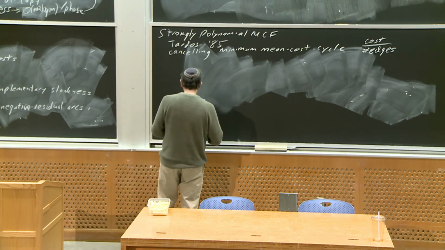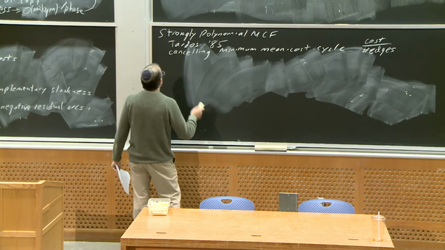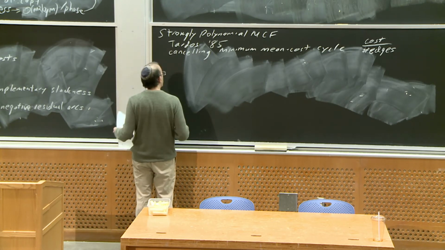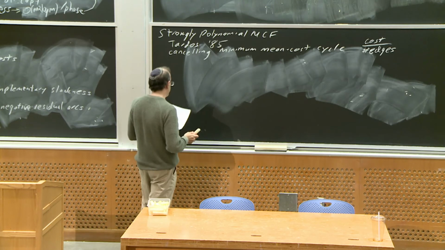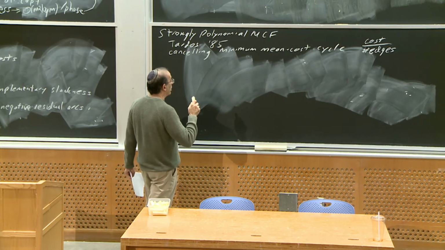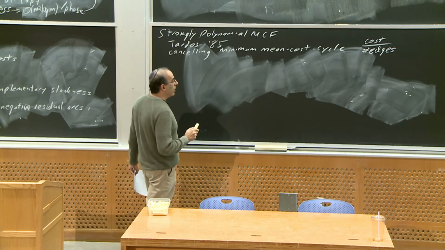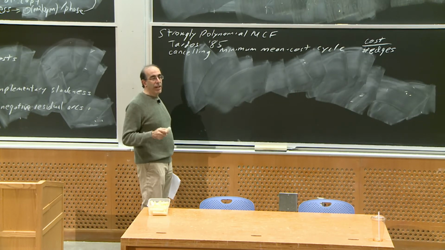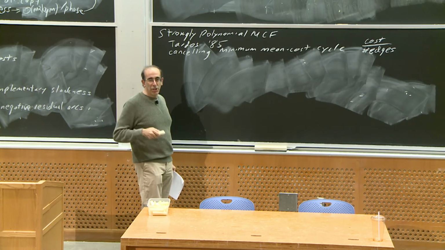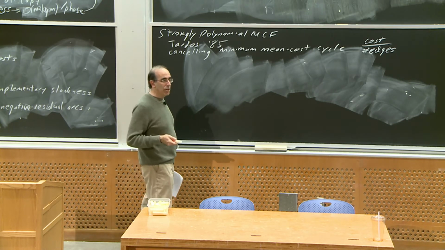So the insight that Tardos had was that if you have really large values on your edges, then future scaling phases can't change them enough to make you change your mind about what you're doing with the edge.